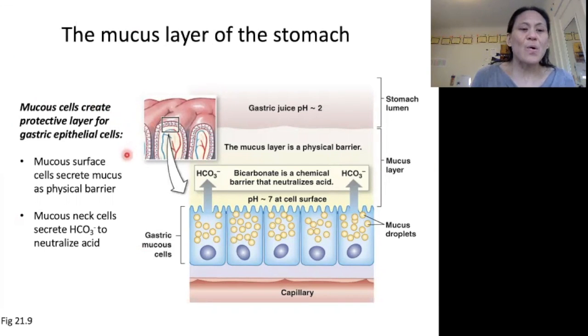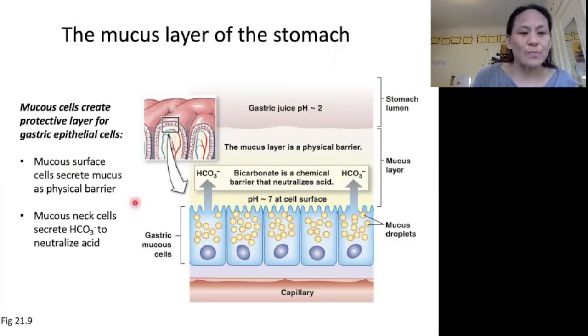Okay, so what we have here is the inside of our stomach right here, the stomach lumen, and then down here is our epithelial cells. And we want to protect this layer of cells from this gastric juice that has a pH of 2. So we have two things that we do to prevent damage.